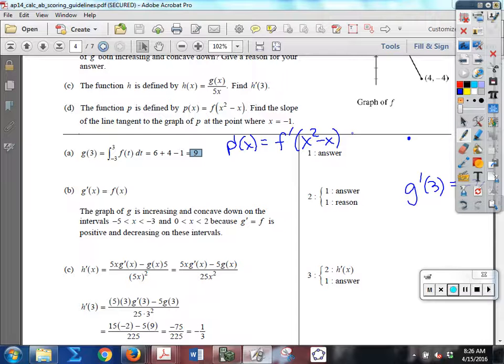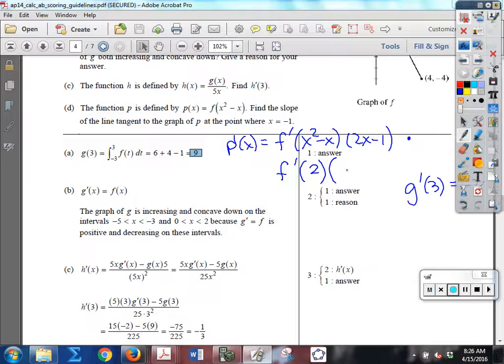And then I've got to plug in -1. So -1, this is all without a calculator. -1 squared is 1. 1 minus -1 is 2. And -1 right here is -3.